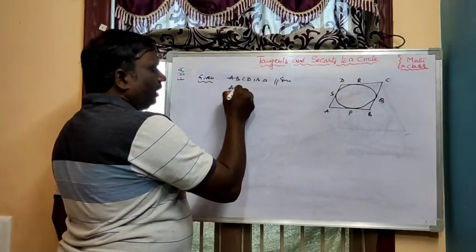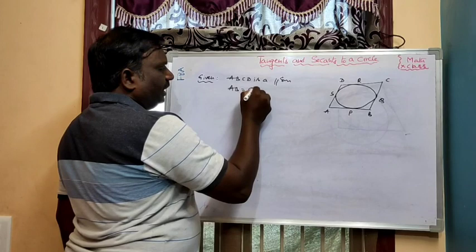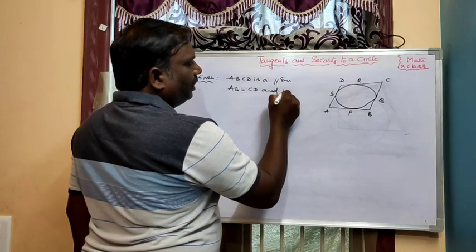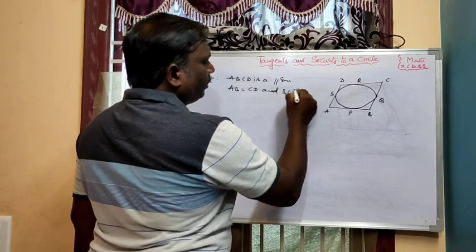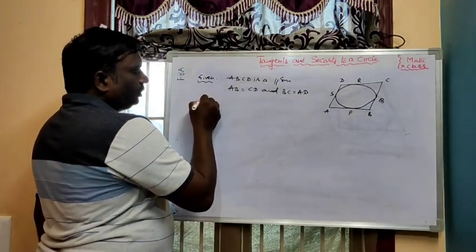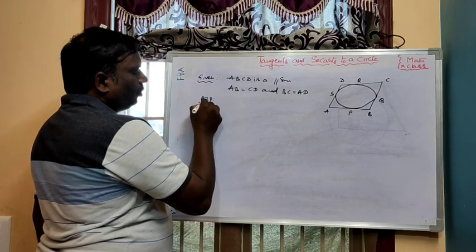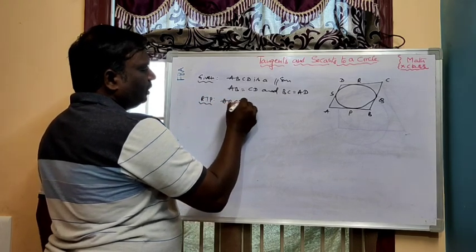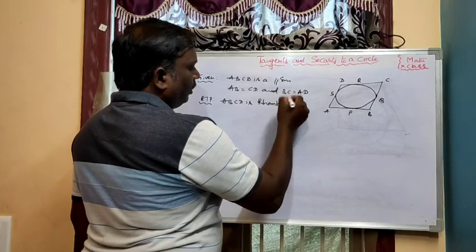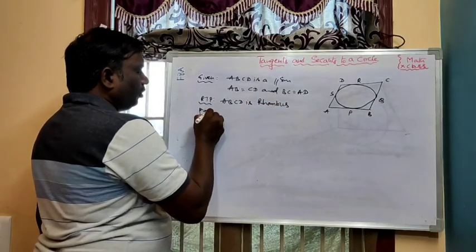Then we can say that AB equals CD and BC equals AD. Now RTP: what do you have to prove? ABCD is a rhombus. Proof.